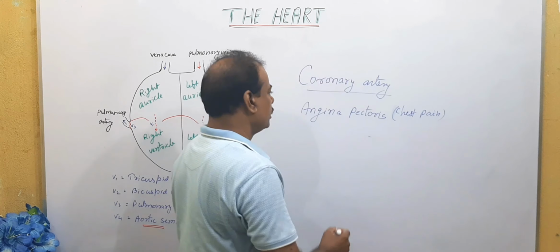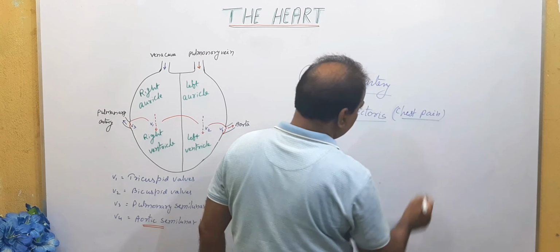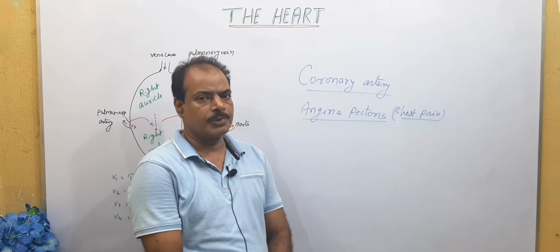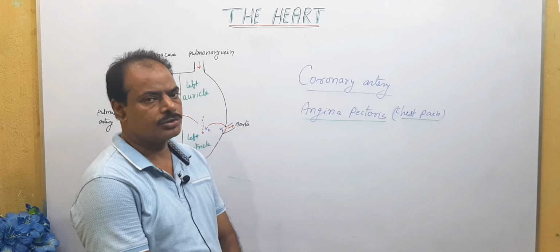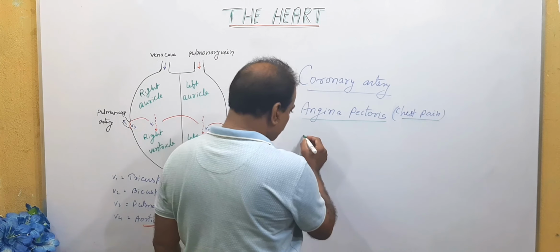So chest pain, here angina pectoris. Angina pectoris is the chest pain which is caused due to insufficient oxygen supply to the cardiac tissue of the chambers of heart.